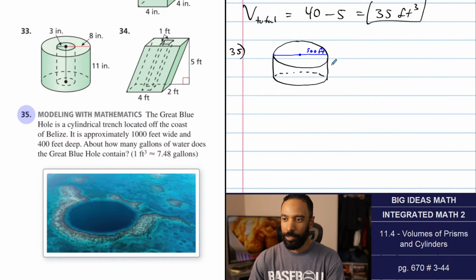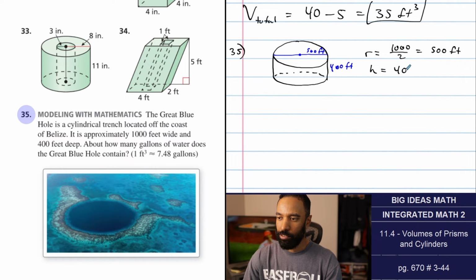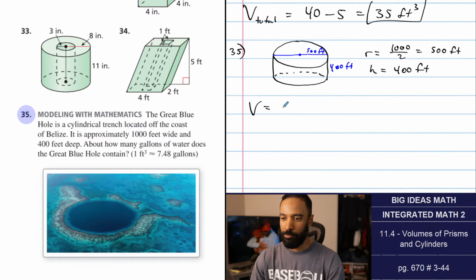So 400 feet. We're finding this guy's volume. So the radius, let me do that calculation. Radius is 1,000 over 2, which is 500. And the height is 400. That's the depth. The depth is the height. So volume is area of base times height.